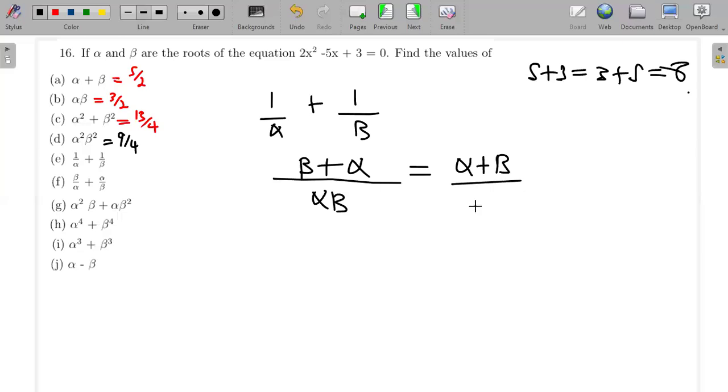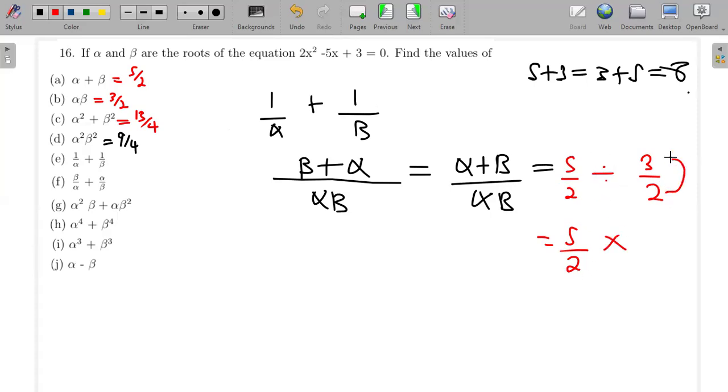All right, and then this will be divided by alpha beta. So this guy here, the alpha plus beta, what value did we find? Okay, we found 5 over 2. So I'll write 5 over 2, and then this divided by alpha multiplied by beta, that is 3 over 2. So this will just be 5 over 2. And then from grade 12, we said we can change this guy to a multiplication.